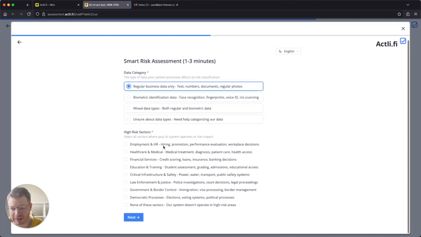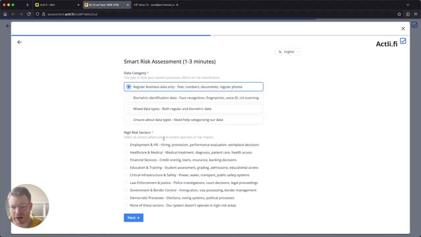Now we have to identify where our AI system operates. If your AI system operates in employment and HR, select this one. If in healthcare and medical, select this one. If in financial services, select this one. If in education and training, select this one. If in critical infrastructure and safety, select this one.